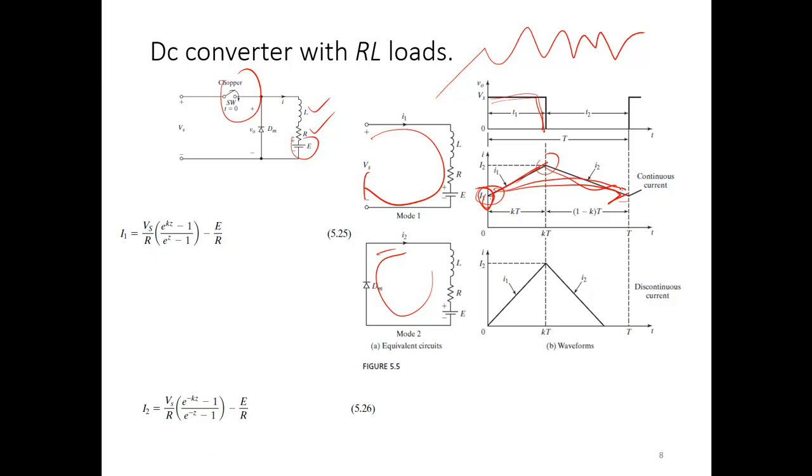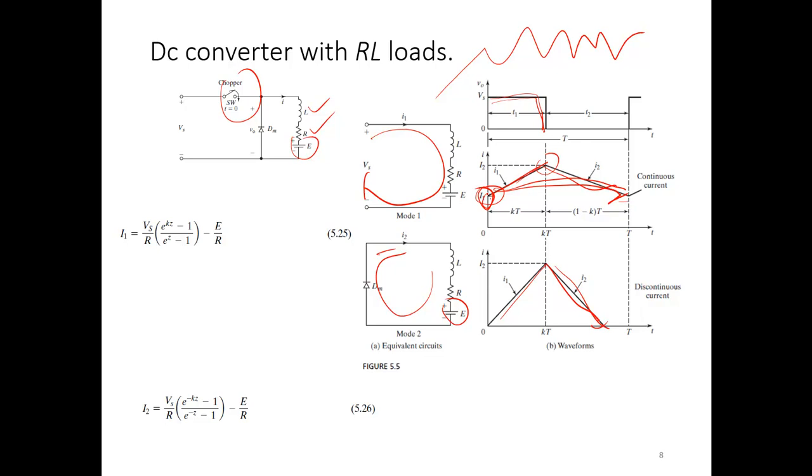But if you have too much battery voltage, or the inductor is not enough, the current will fall very fast and it may be discontinuous. It could be continuous or discontinuous. As long as it is continuous, I1 is greater than or equal to 0, and that is the critical value of the inductor you need.